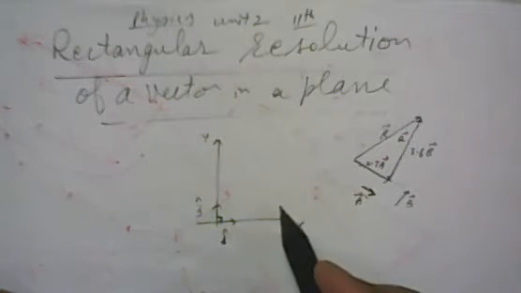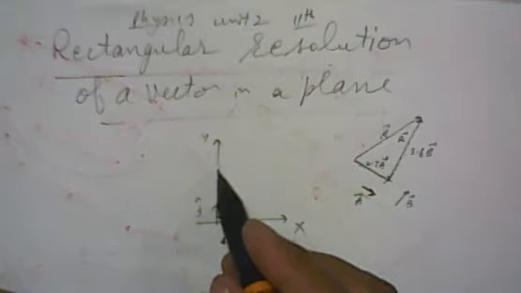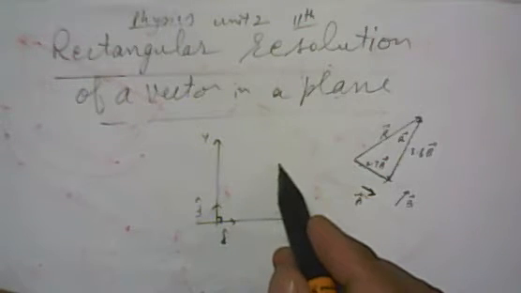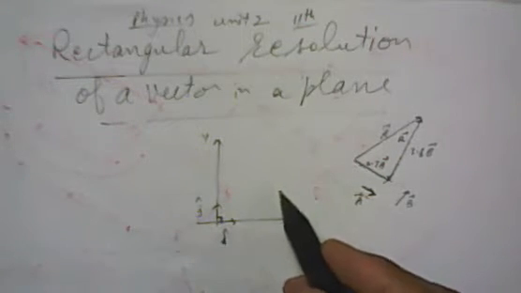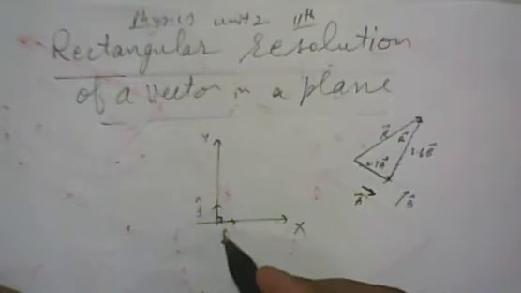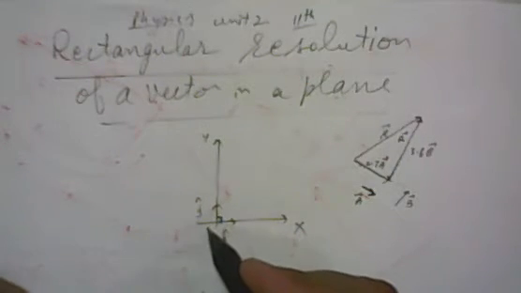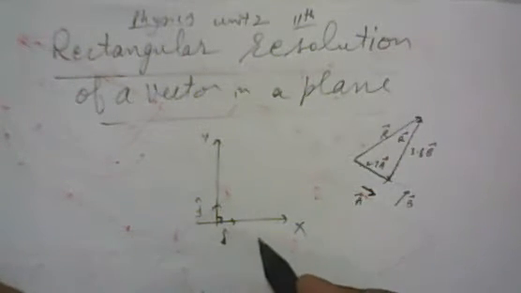A rectangle is a special case of a parallelogram, so I and j are the unit vectors which give us the directions in x and y.